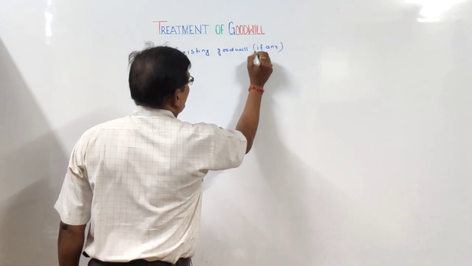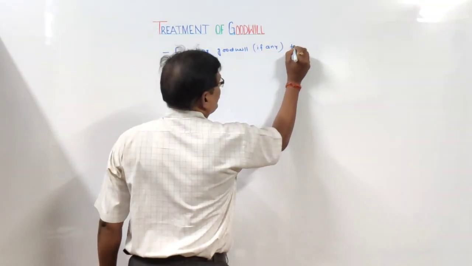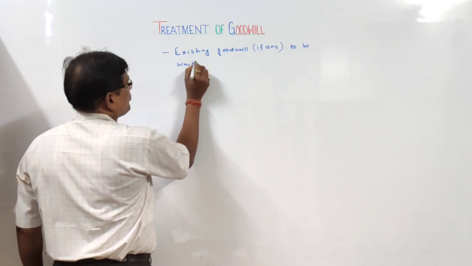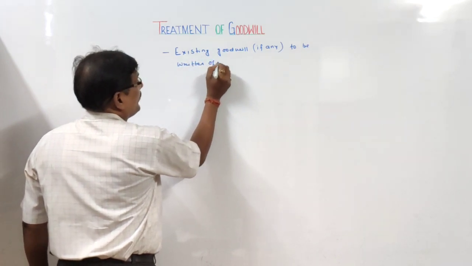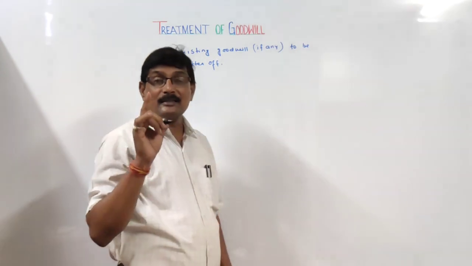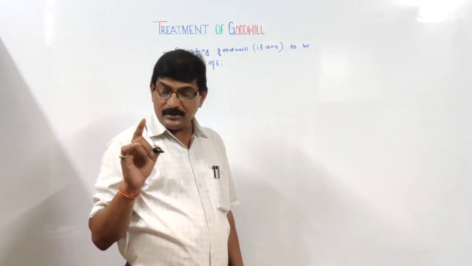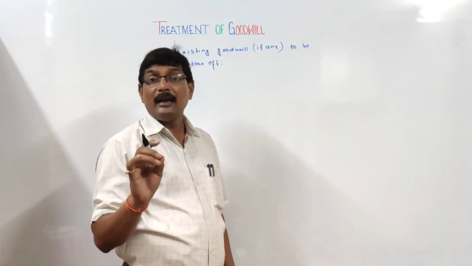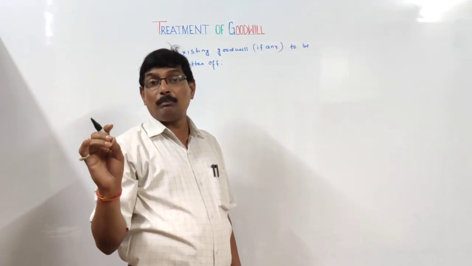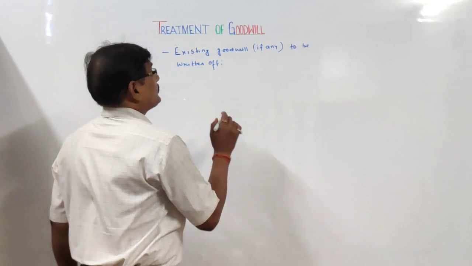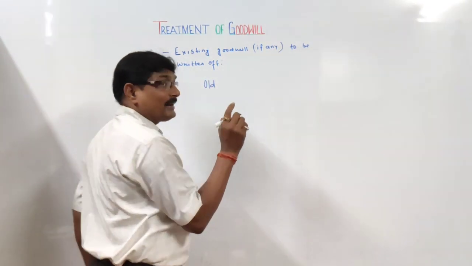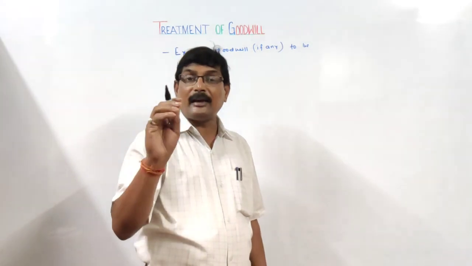Existing goodwill, if any, is to be written off among the old partners in the old ratio. So the entry will be old partners' capital accounts debit. Old partners means including the retiring partner.